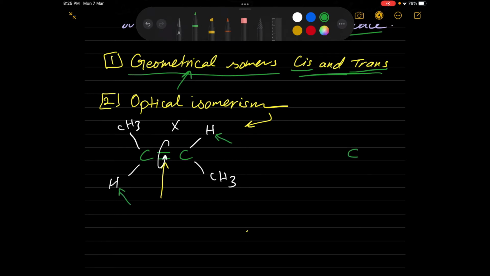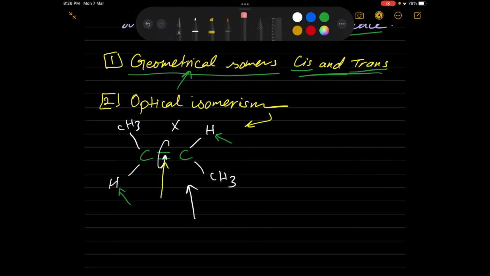It's not the same as this compound when you have a single bond and you have hydrogen around. There is a free rotation around the C-C bond, and that's why these atoms can rotate as well. But there is no free rotation around the double bond, and that's why you will have different compounds.